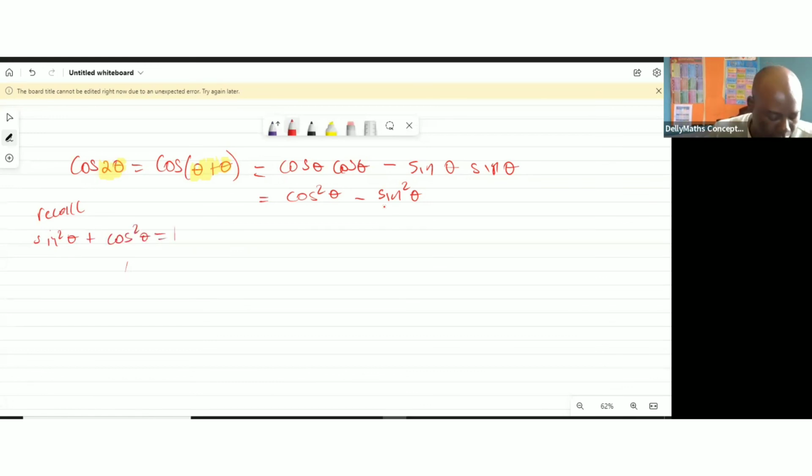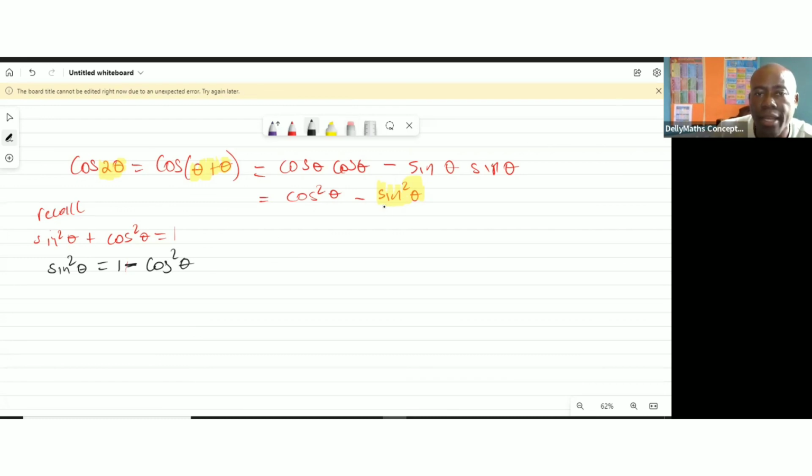I want to recall that because I want to prove this using cos, so I want pure cos in my expression. So I'm going to transpose, leaving sine squared theta, and this is equal to 1 minus cos squared theta.